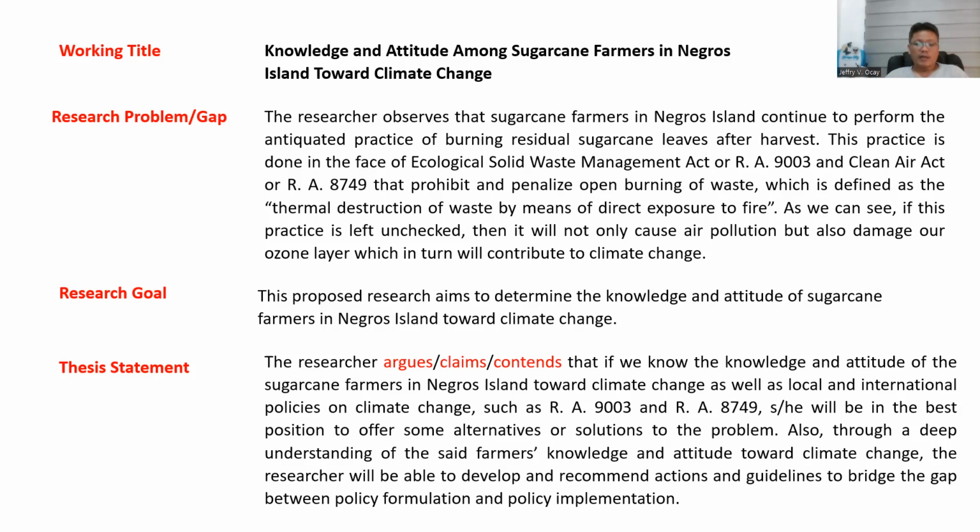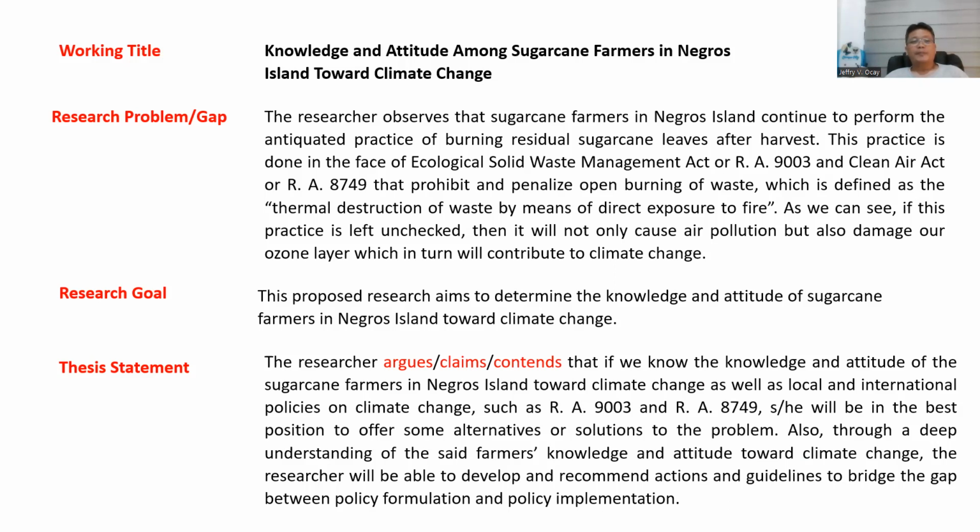And again, this is just one page, but it took me quite some time to develop this one-page research gap, because as I mentioned in my video lecture, problem formulation, or how to identify or how to formulate the research problem, and the second video lecture, gap spotting, or how to identify a research gap.